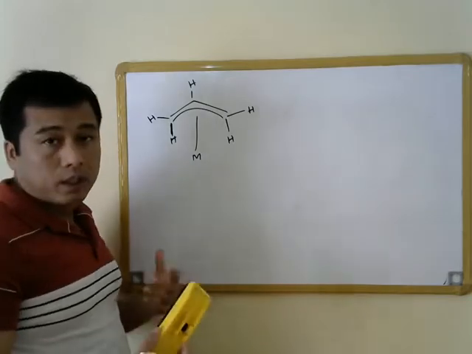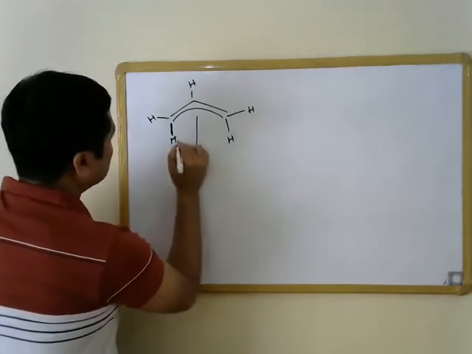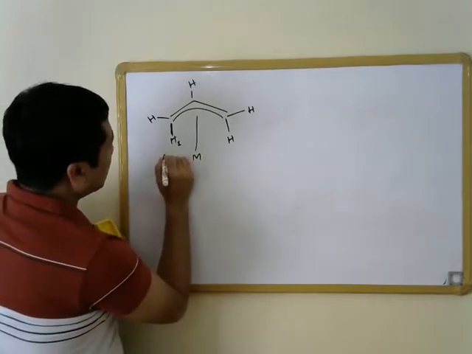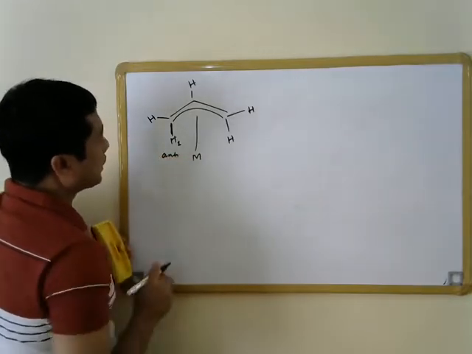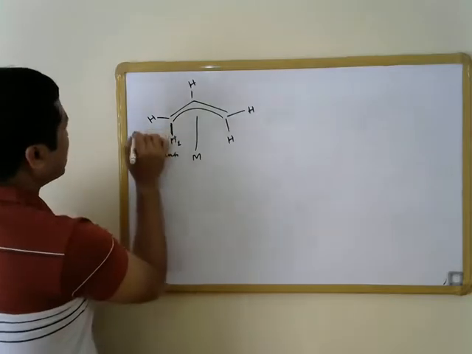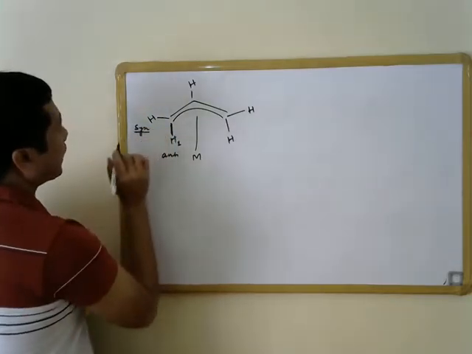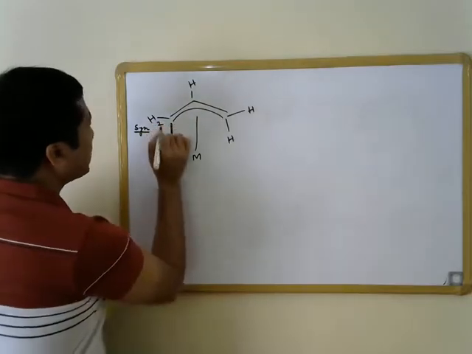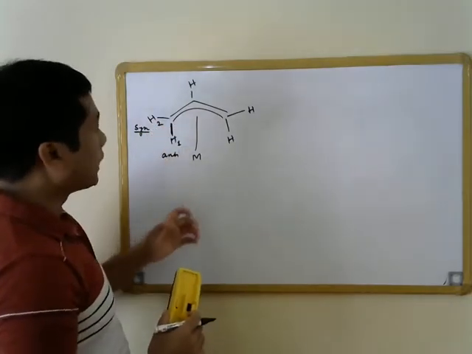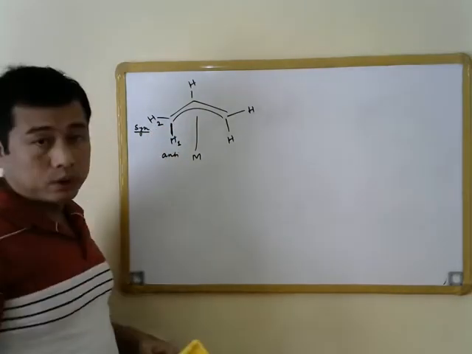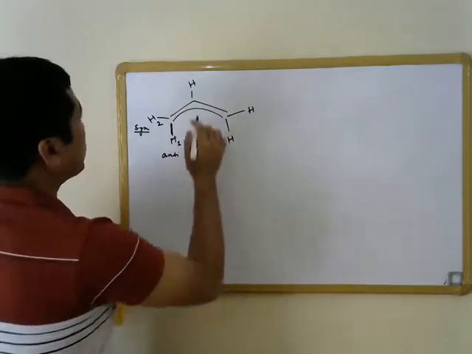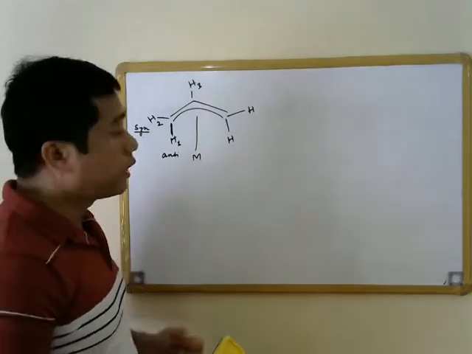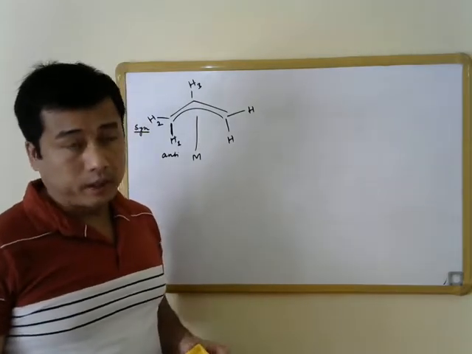They appear non-equivalent because the hydrogen atom towards the metal center can be categorized as anti, and the hydrogen atom away from the metal can be categorized as syn. Let's label the anti hydrogen atom as H1, the syn as H2, and the central hydrogen atom as H3.